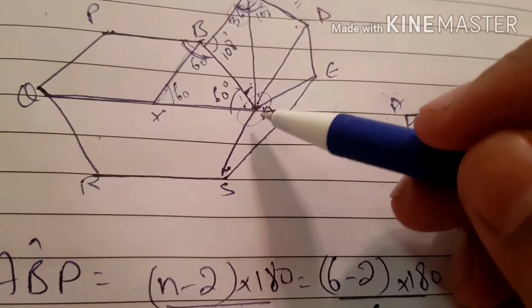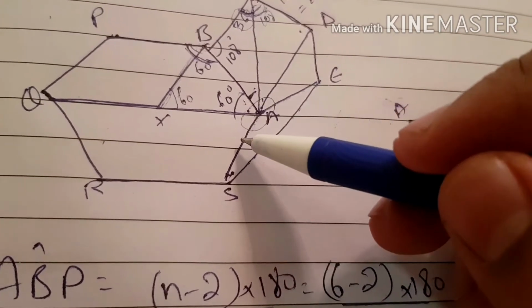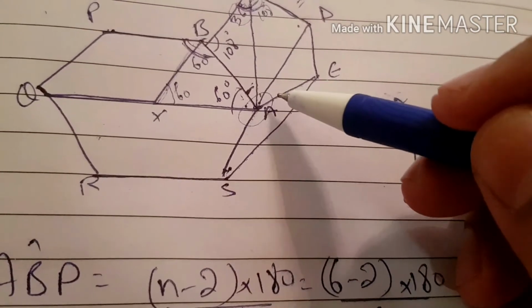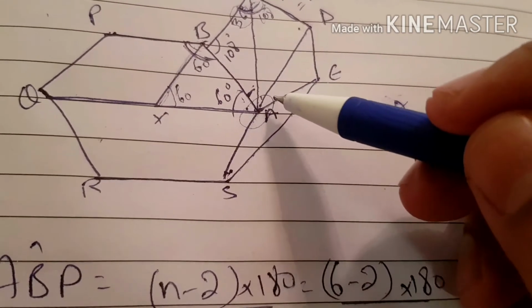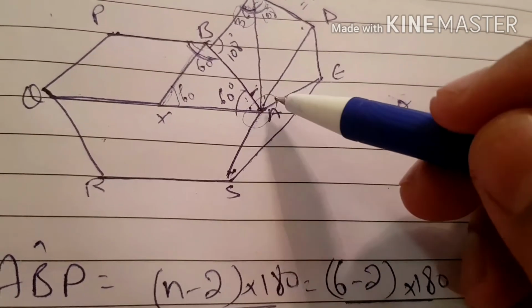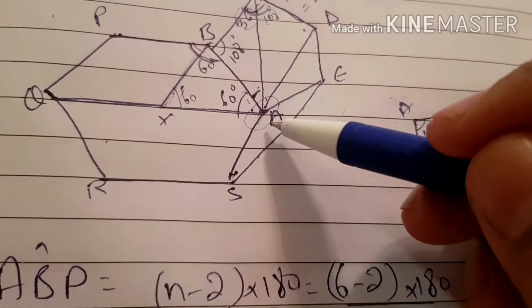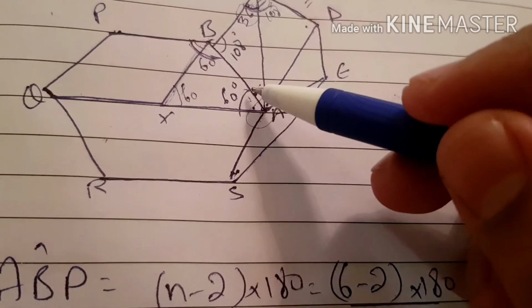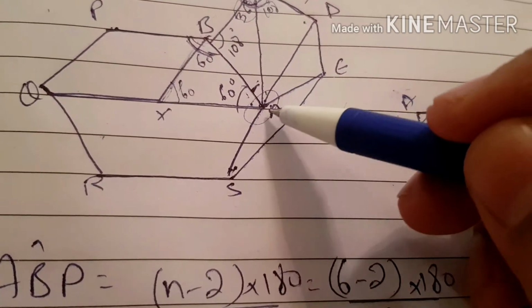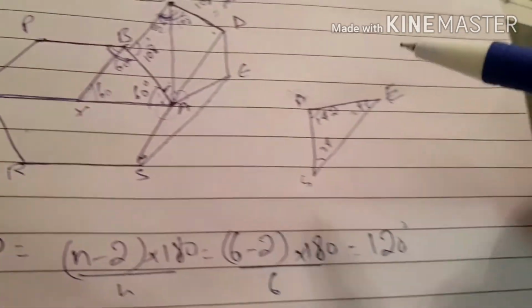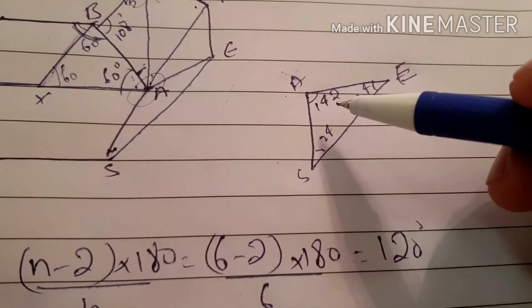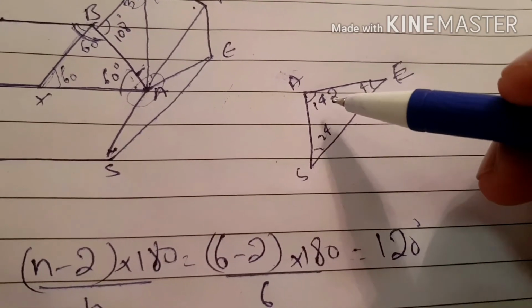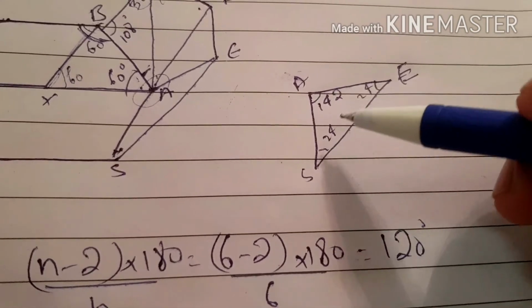For the value of this angle, as we know this whole hexagon's interior angle equals 120, plus this whole pentagon's angle was 108, and this whole circle is 360. So out of this whole 360, if we subtract this 120 and this 108, we will get the value of this A, which is 142. And if we subtract 142 from 180 and divide it by 2, we will get the value of these two angles.